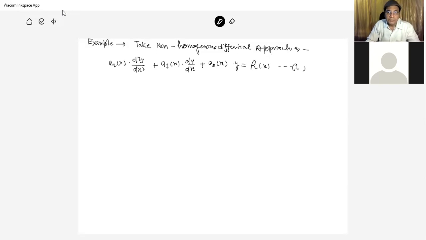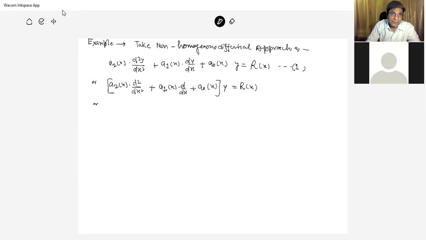So this equation can also be written as a2(x) d² upon dx² plus a1(x) d of dx plus a0(x); these are the operators on y is equal to r of x.